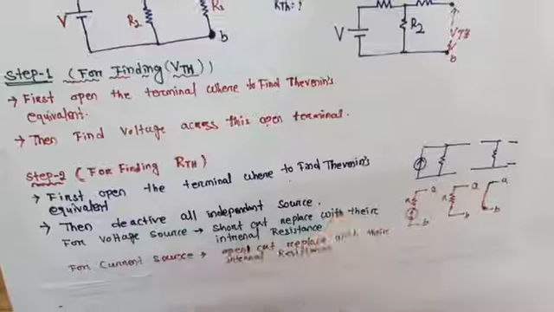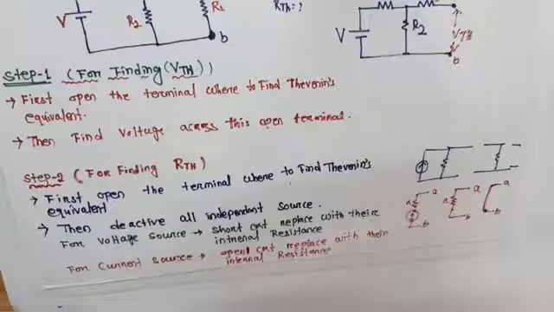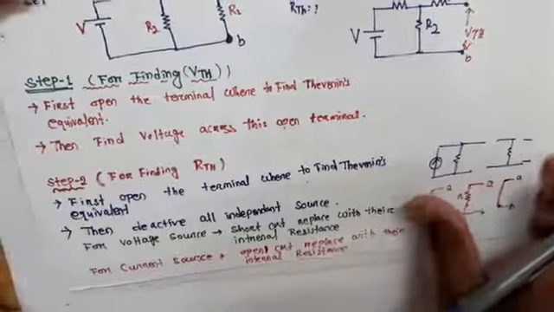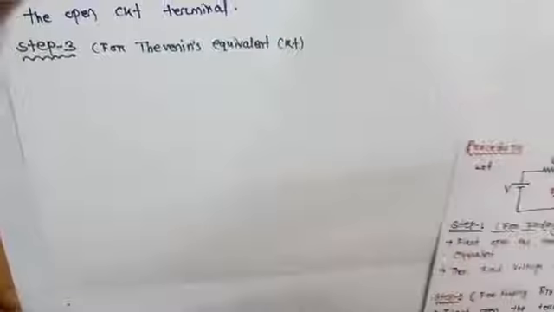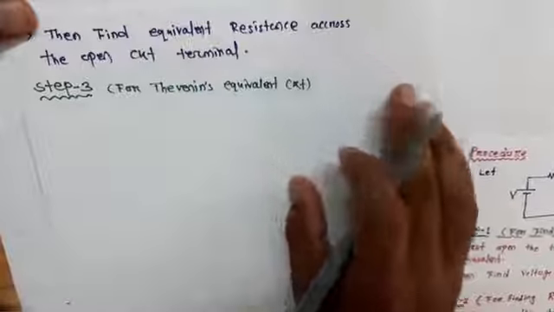We can open circuit a current source because in an open circuit there is no current. Then we draw the equivalent circuit and find the equivalent resistance across the open circuit.